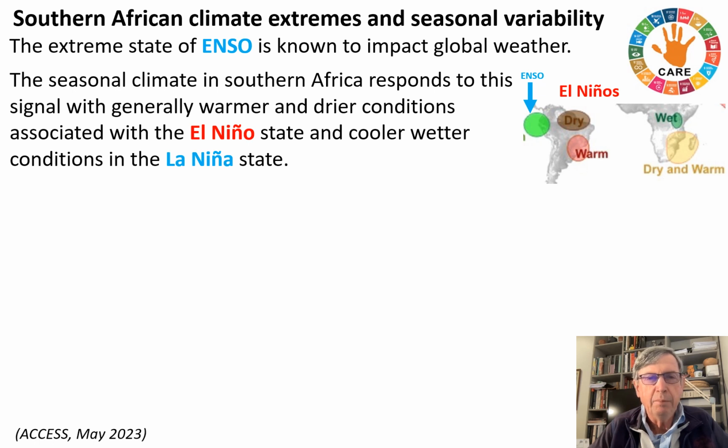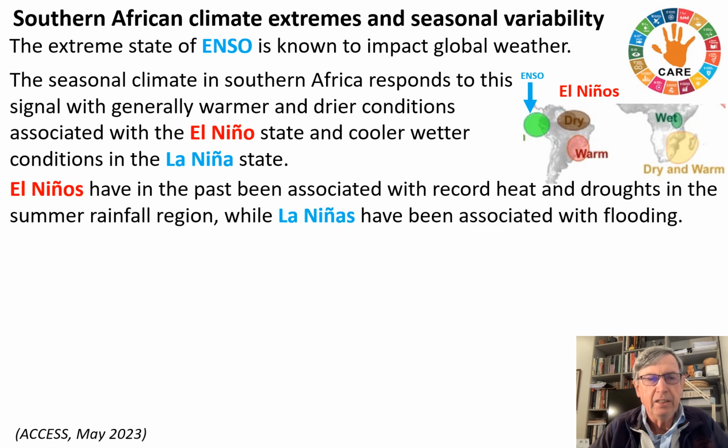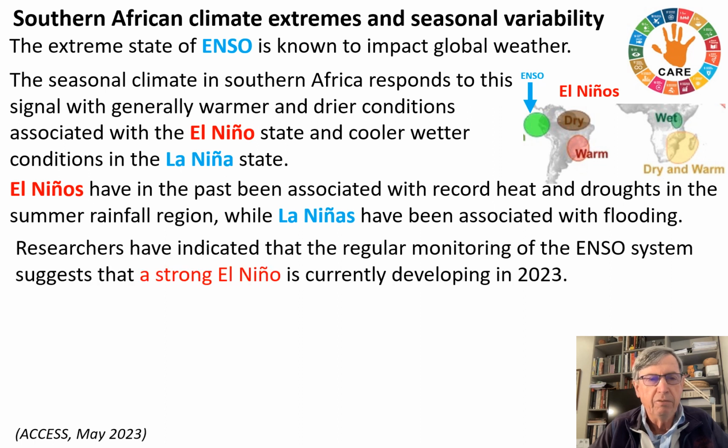So the seasonal climate in Southern Africa responds to this signal with generally warmer and drier conditions associated with the El Nino state and cooler, wetter conditions in the La Nina state. So El Ninos have in the past been associated with record heat and droughts in the summer rainfall region, and La Ninas have been associated with flooding.